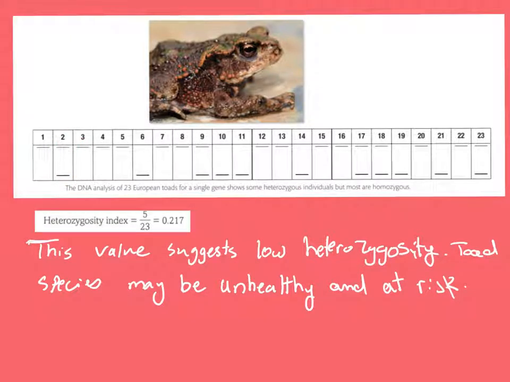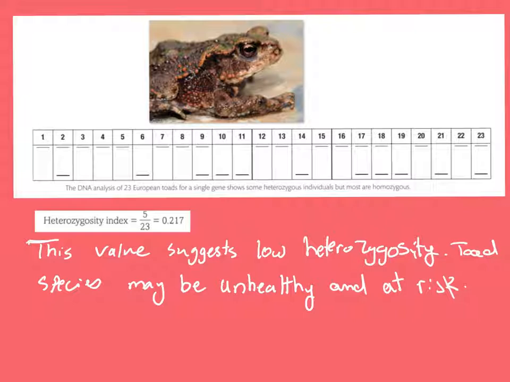So we are going to count how many heterozygous individuals divided by the total number of individuals in the population. So I have here 1, 2, 3, 4, and 5 over the total number, which is 23. So 5 over 23 equals 0.217. This is the heterozygosity index.